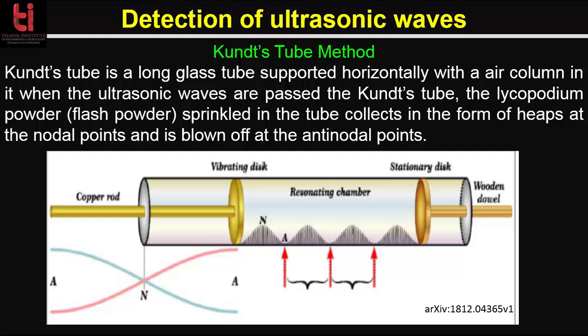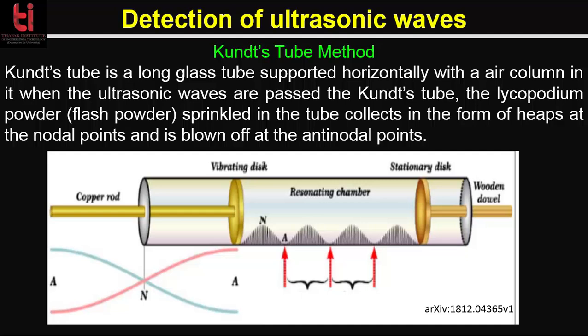At this point, the ultrasonic waves in the tube are in the form of standing waves, and the amplitude of vibration of air is zero at equally spaced intervals along the tube, and we call these nodes. Here the nodal points, or nodes, are denoted as N and the antinodes are denoted as A. As the air is still and quiet there, the powder is caught up in the moving air and settles in little piles or lines at these nodes.